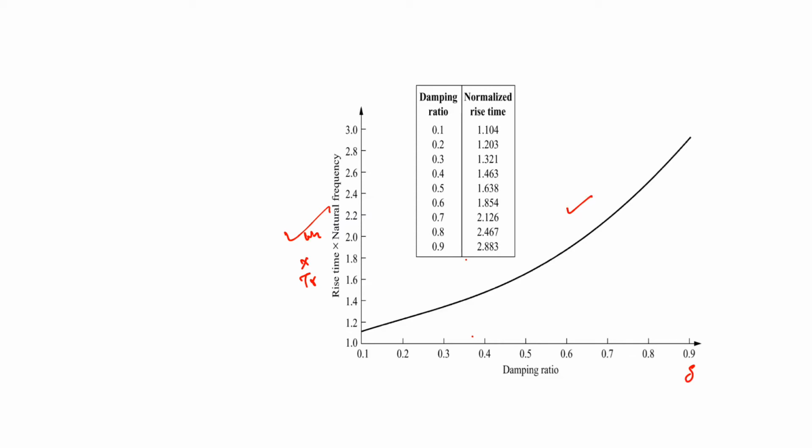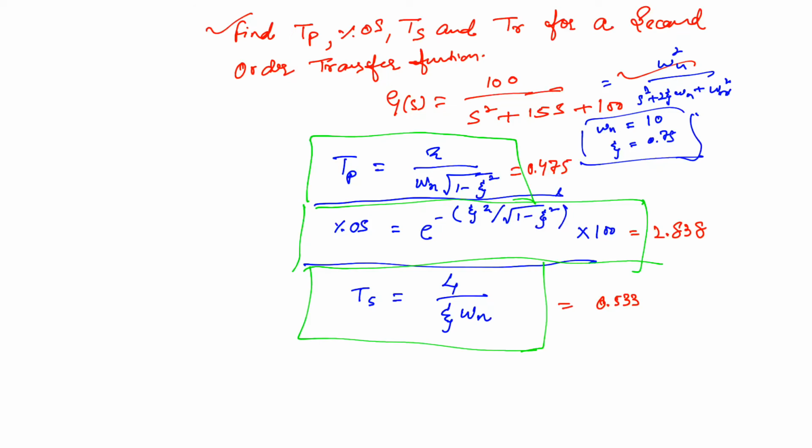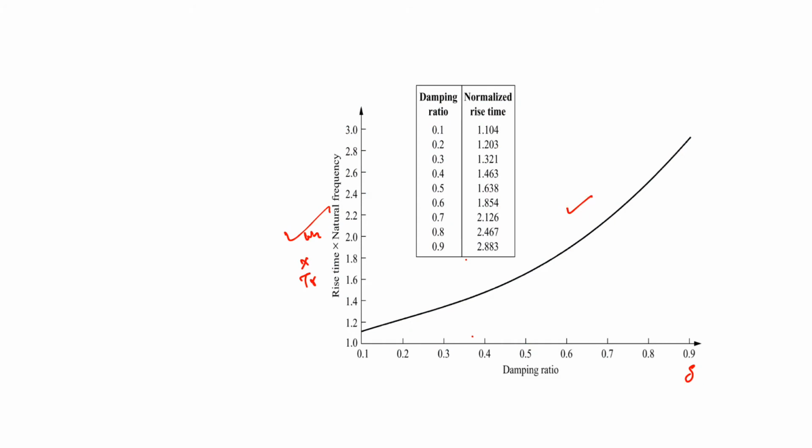Using this table, since the damping ratio in this case is 0.75, for the damping ratio of 0.75 we get the value of the normalized rise time, that is omega n times rise time, as 2.3 seconds.